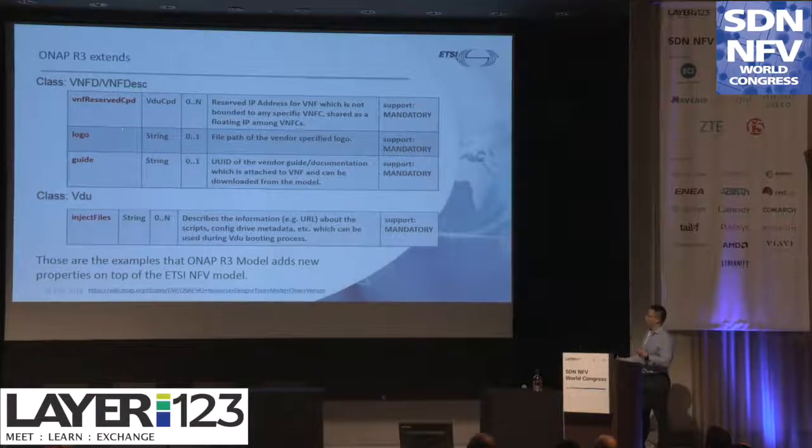But what I wanted to show here is that the NFV module is extensible. So even if ONAP introduces those new properties, it can still work together with the NFV specification.